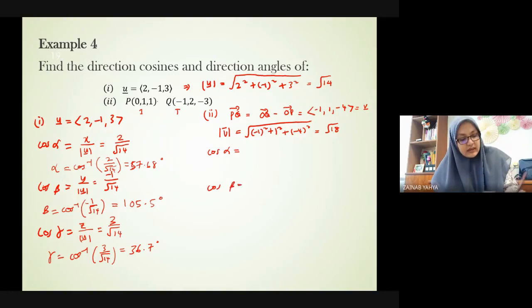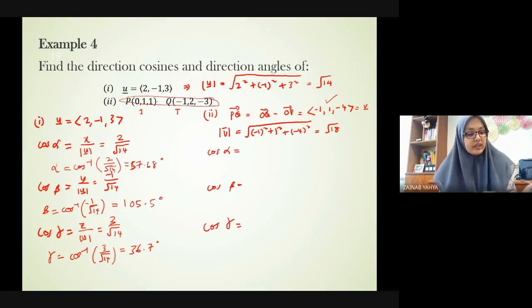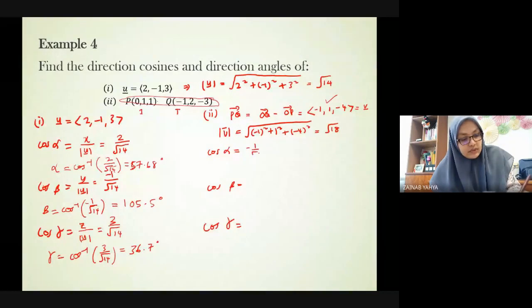So we find cos alpha, cos beta, cos gamma. Cos alpha is the x component divided by the magnitude. We use this one now, not the earlier one, because we have found the vector. So it will be -1 over square root 18. Cos beta is 1 over square root 18.